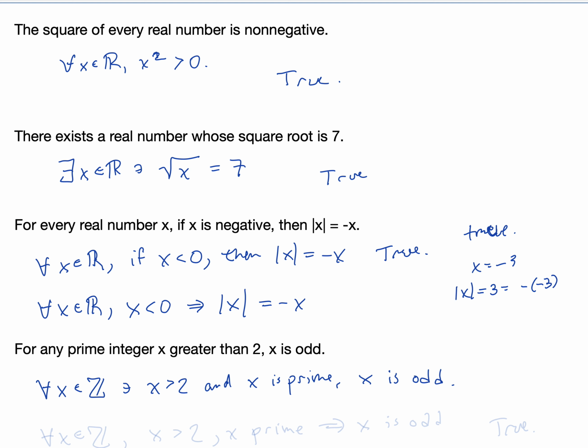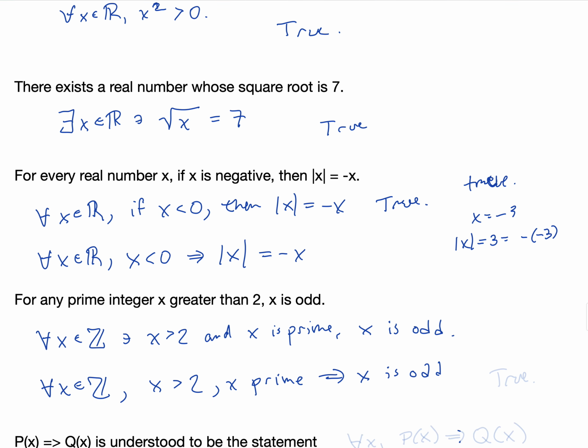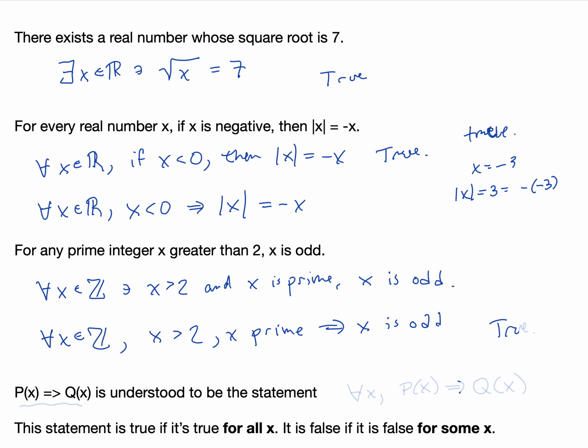Again, we could also write that as for any x in the integers, x greater than 2, x prime implies x is odd. So that's another way we could write that statement. Again, this is also a true statement.